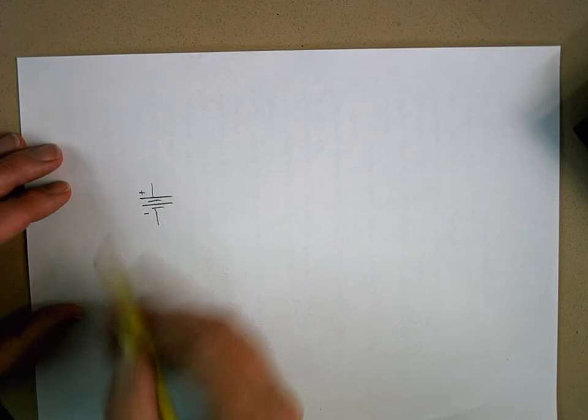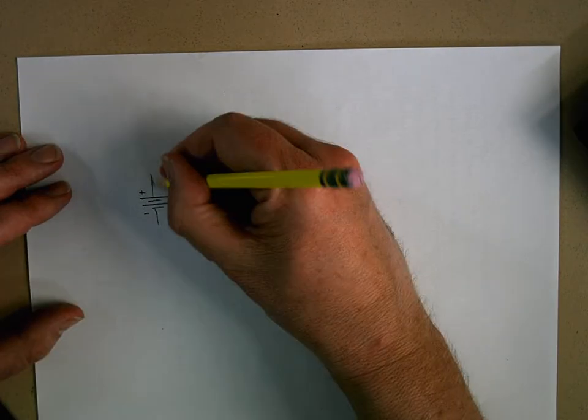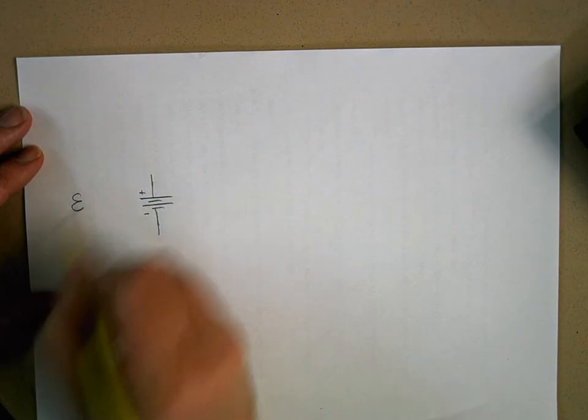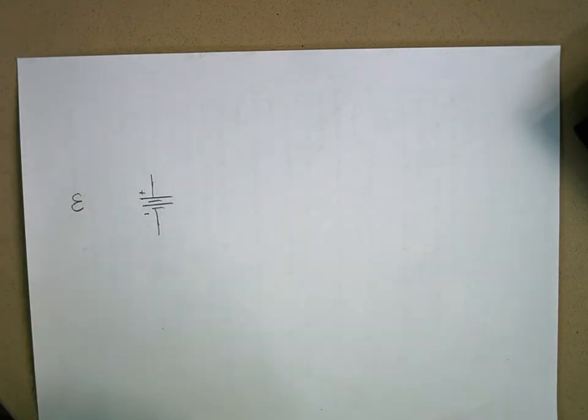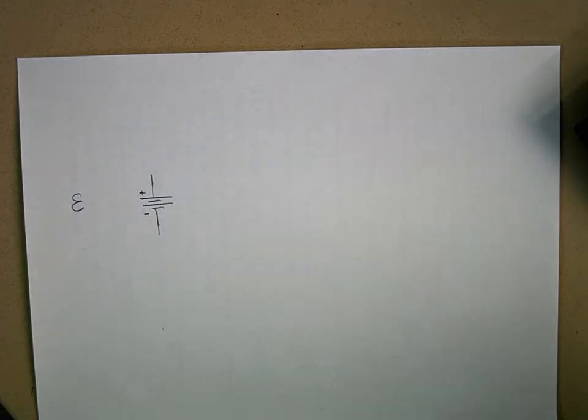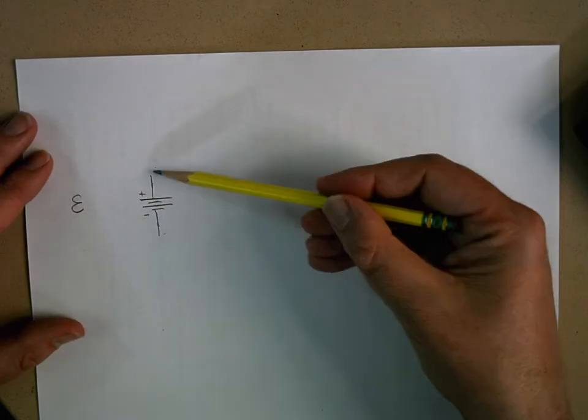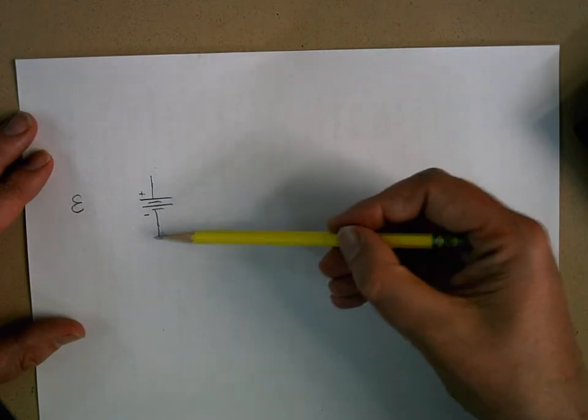Now, if you just have a battery like this and there's no current flowing through it, we call this the EMF of the battery. Electromotive force, which is an unfortunate name, and it's an old-fashioned name, and we're stuck with it. It's a voltage. It's an increase in energy level per unit charge from here to here.